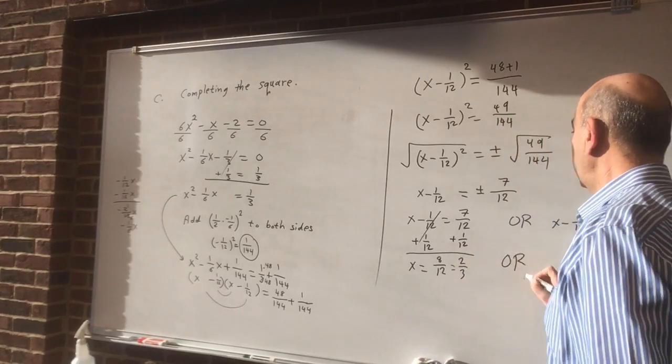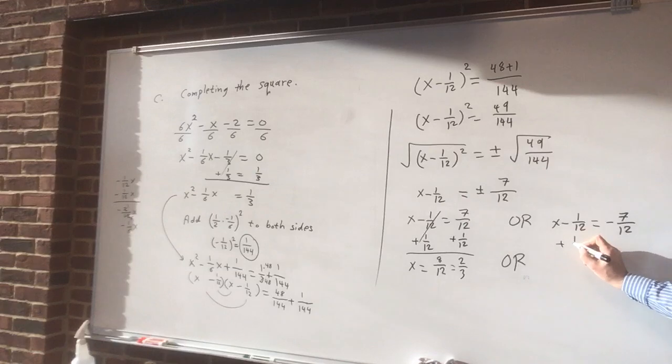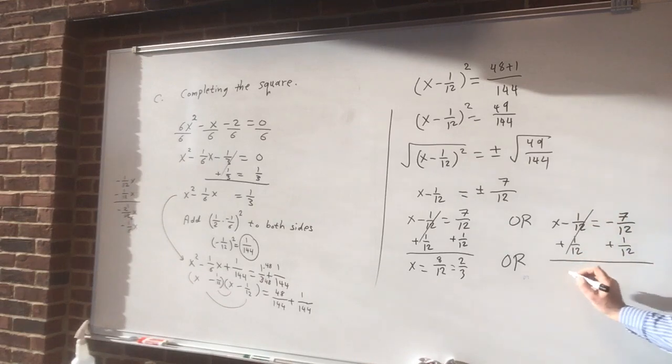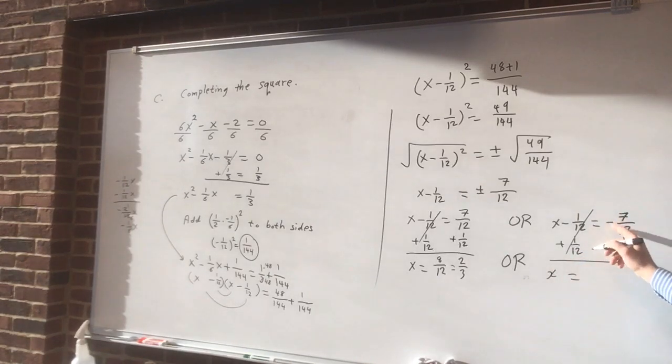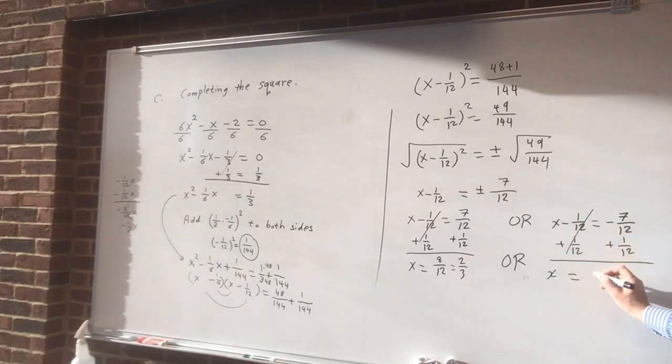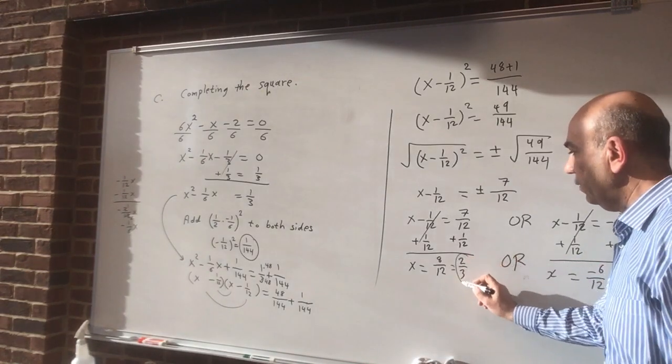Or similarly here, add 1 over 12 to both sides. So we get x equals negative 7 plus 1, negative 6 over 12, which equals negative 1/2. So the solution is negative 1/2 or x equals one third.